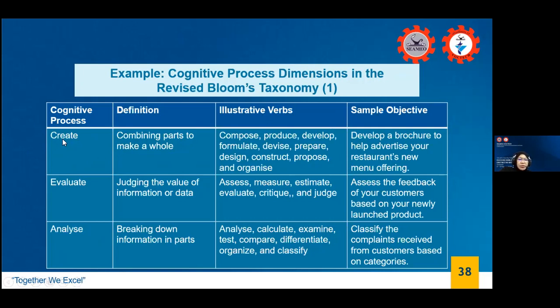If the task that you ask your student to do starts with these words: compose, produce, develop, formulate, devise, this is something you ask them to come up with, something that they need to produce. Then you are capturing the highest level of the 6 cognitive domain, which is create.